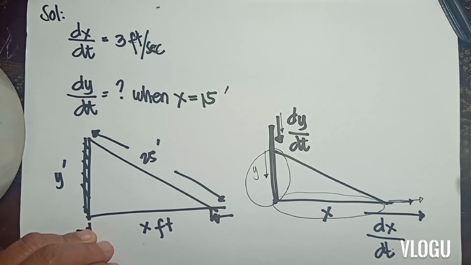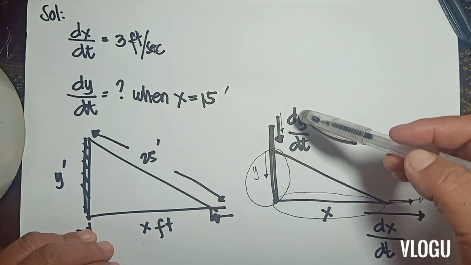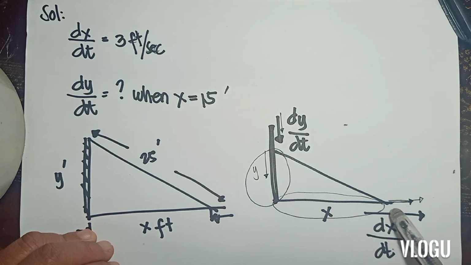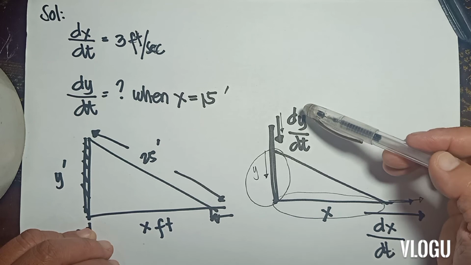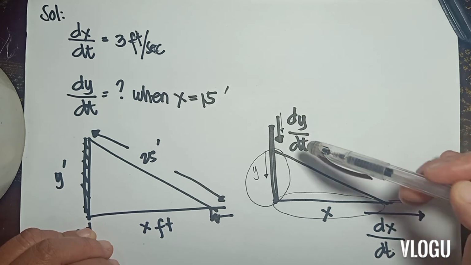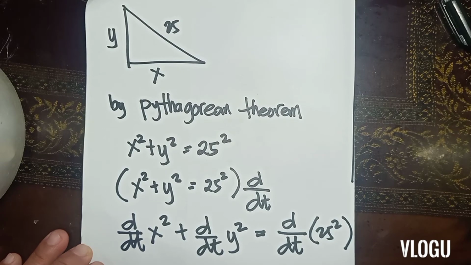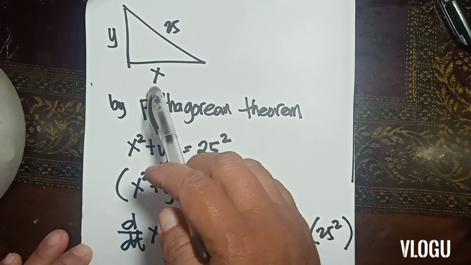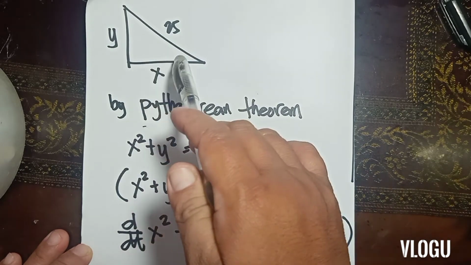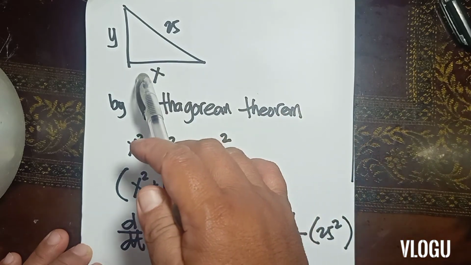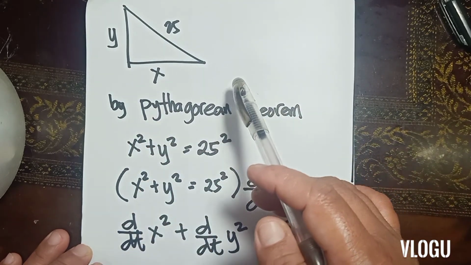Since there is a change of the vertical height of y and the horizontal distance of x, we are going to find the derivative of x with respect to time, and the derivative of y with respect to time. From our illustration, we illustrated a while ago that it forms a right triangle.